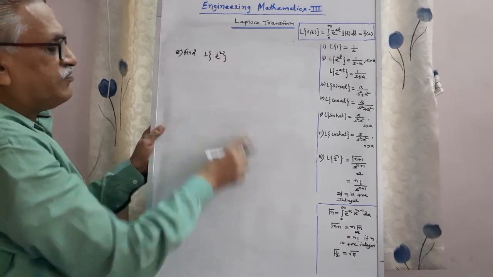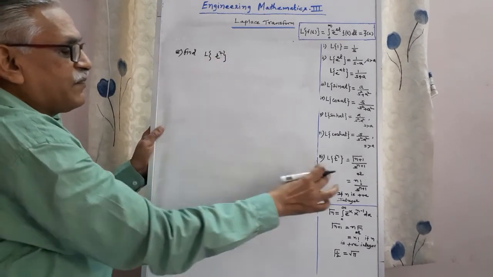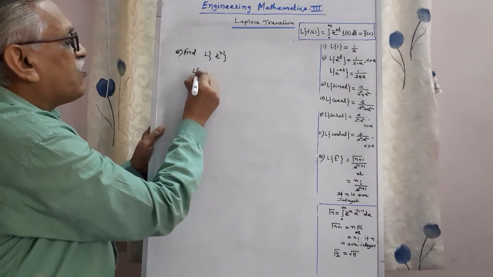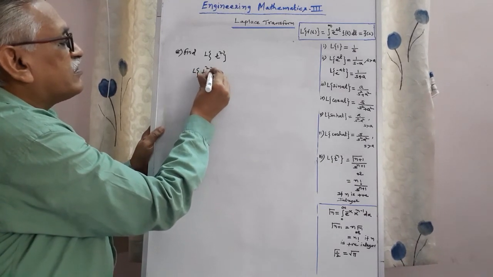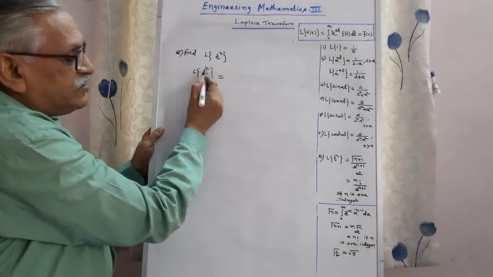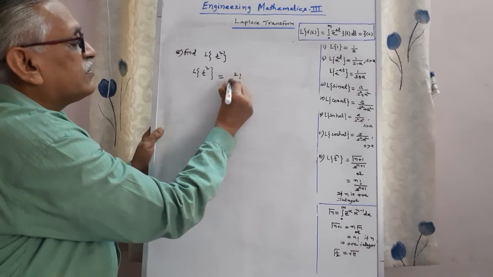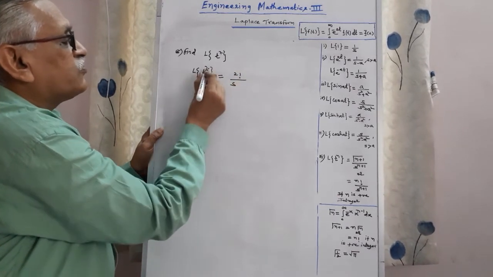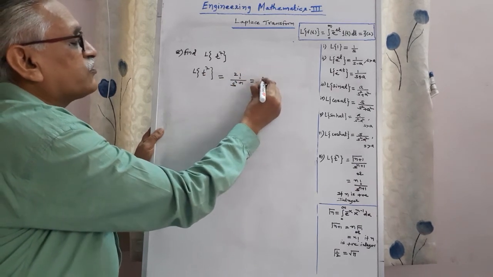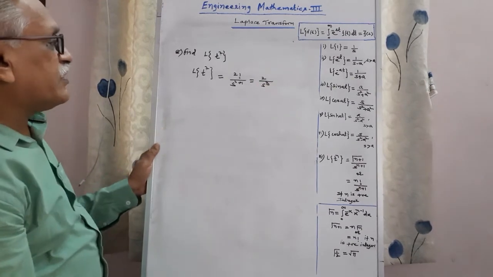Here t raised to n, n is here 2, and therefore applying this result, Laplace of t square, here n is 2, 2 is a positive integer, and therefore its Laplace is n factorial, it is 2 factorial divided by s raised to 2 plus 1, therefore 2 factorial is 2 divided by s cube. Okay.